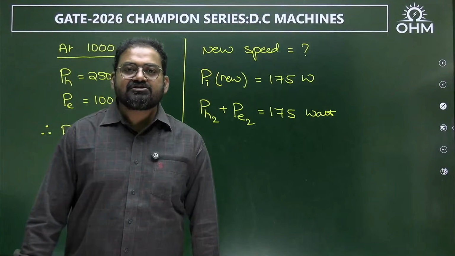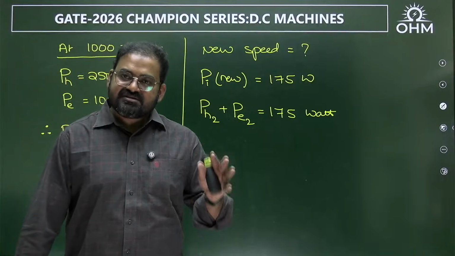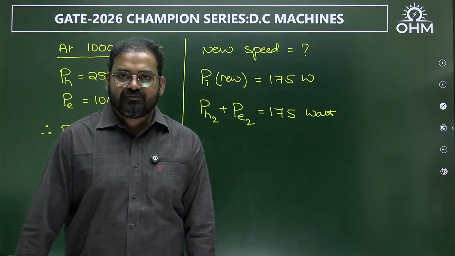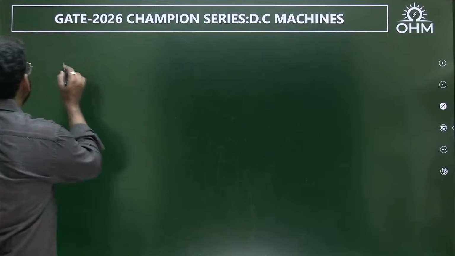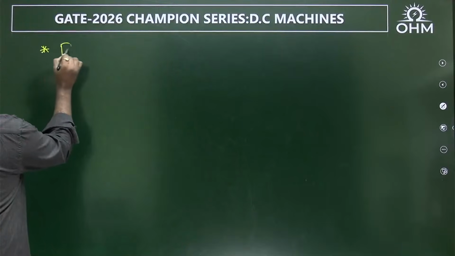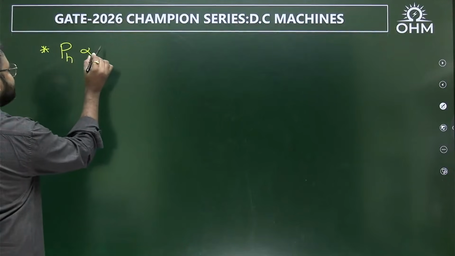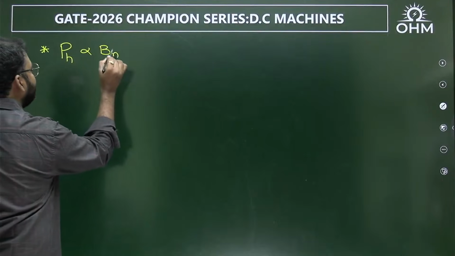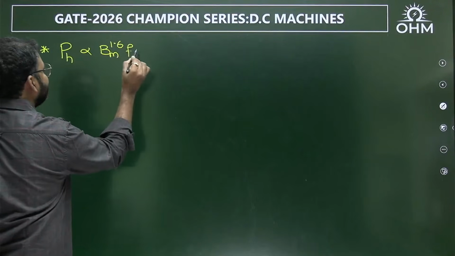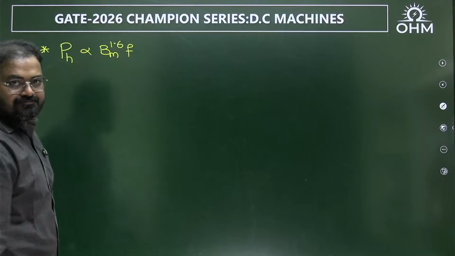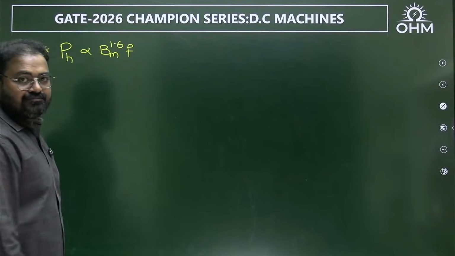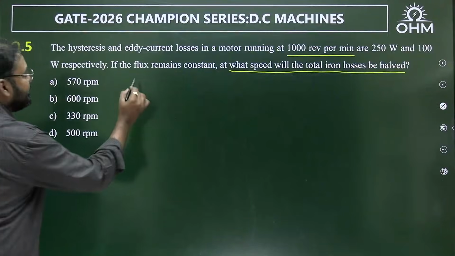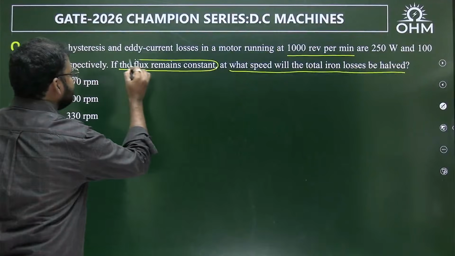Do iron losses depend upon the speed or are they independent of the speed? Yes, they are definitely dependent on speed. Let's see the formula. What is the formula for hysteresis loss? Hysteresis loss is always proportional to Bm power 1.6 into F, where Bm is the flux density, into frequency. But in the given question, the flux remains constant. That was clearly mentioned.